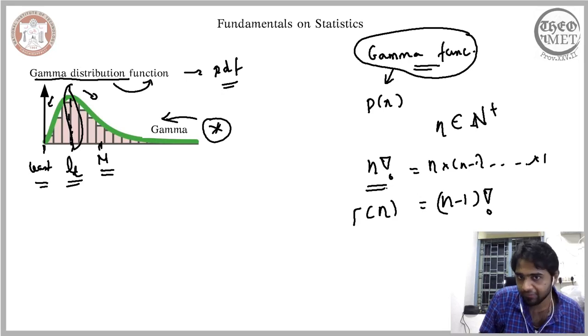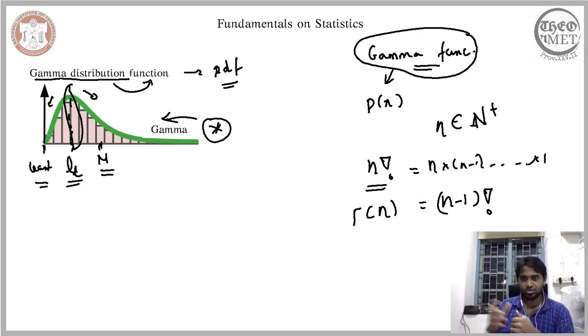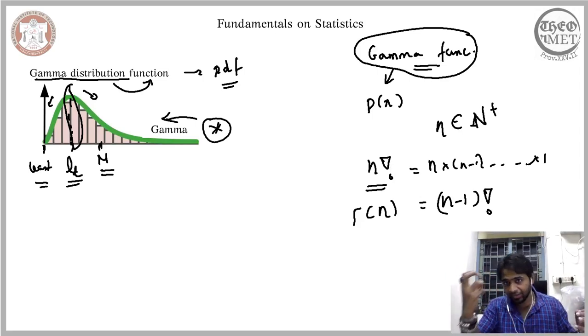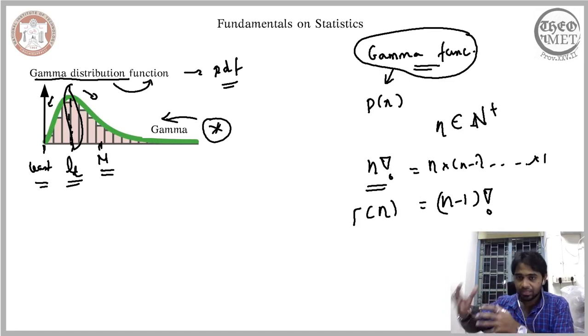So we know what n factorial is, and the gamma of n, a positive natural number, is n minus 1 factorial. So n factorial is the factorial of n, and the factorial of n minus 1 would be the gamma function. When the quantity assumes a positive natural number, the gamma function of that quantity is n minus 1 factorial.